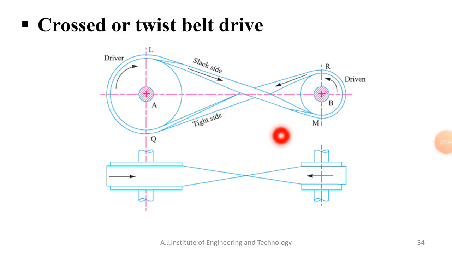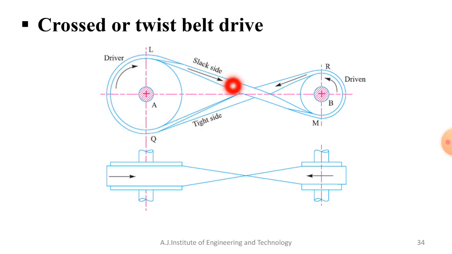You can see here another type of belt drive, the cross belt drive. For flat belt drives, there is one more type, called the cross or twist belt drive. Here also you can see that if the driver rotates in a clockwise direction, the driven will rotate in an anti-clockwise direction, because the belt crosses itself. Here the belt proceeds from the top of one pulley to the bottom of the other pulley, and again from the top of the driven pulley to the bottom of the driver pulley.